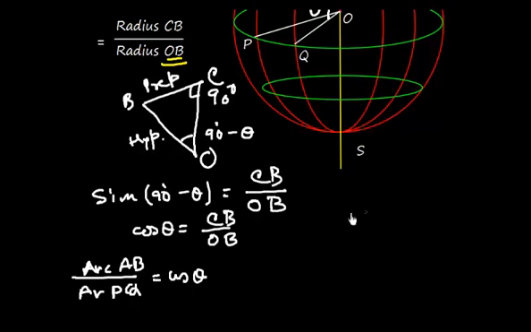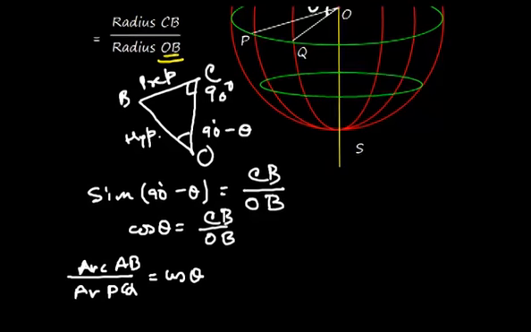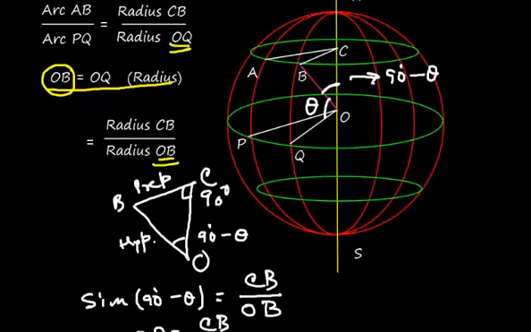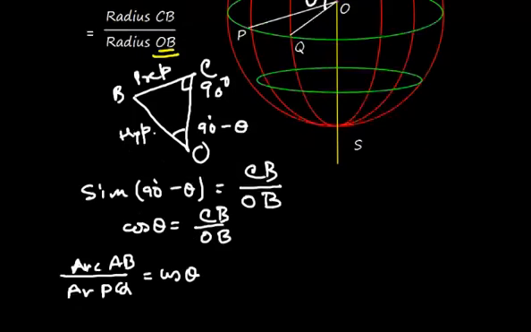Well, now we can mark these. Arc AB is nothing but the departure, and the definition of departure is the east-west distance between 2 points. Since this is parallel sailing, the course is either east or west, so AB is going to be the departure. Now what is arc PQ?